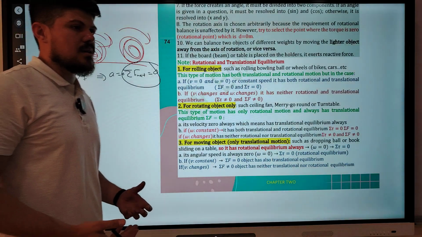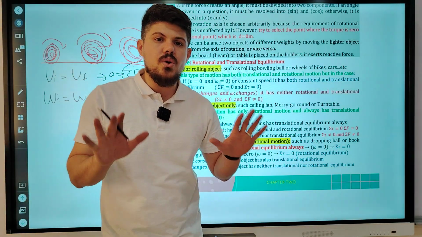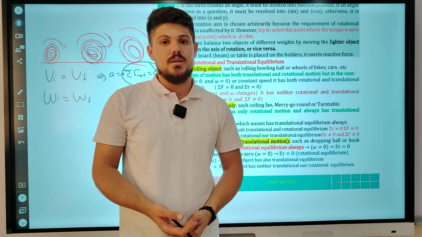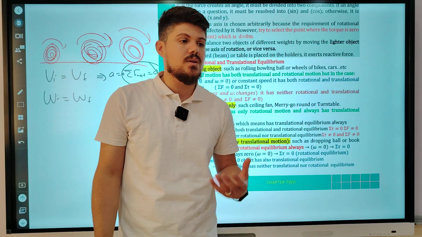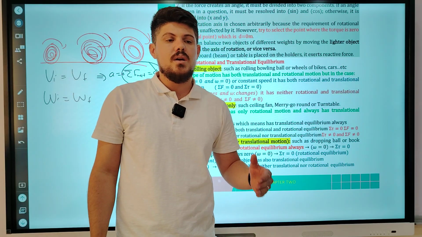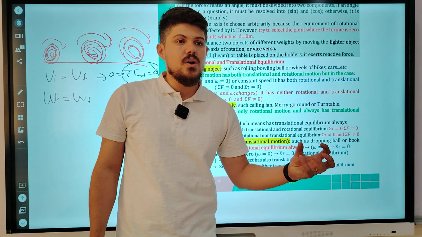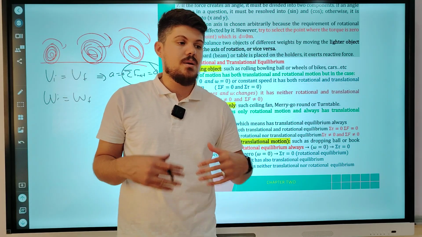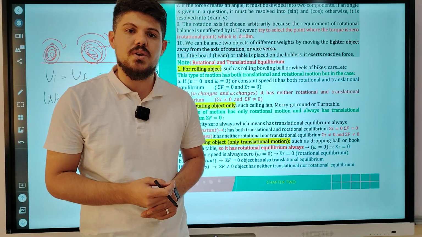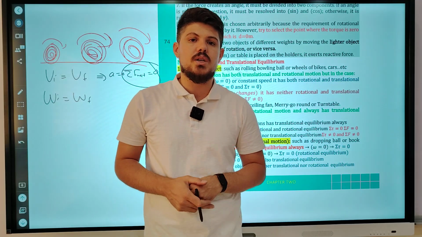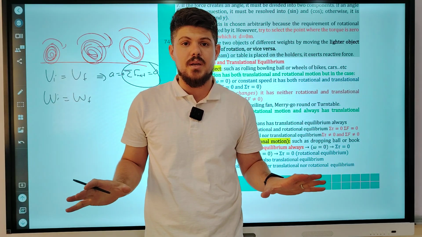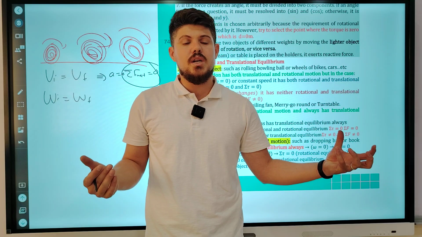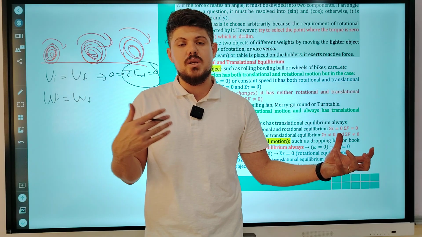Such as a bicycle. When the bicycle is moving with constant velocity, its angular speed also is constant. It's impossible for the bicycle or the car to be moving while its velocity is changing but its angular speed is not. It can never happen. Careful. When the bicycle is moving with a constant velocity, it means that this bicycle also has constant angular speed. Okay? When velocity is constant, net force is equal to 0, it has translational equilibrium.